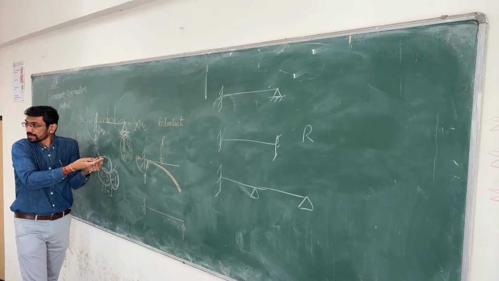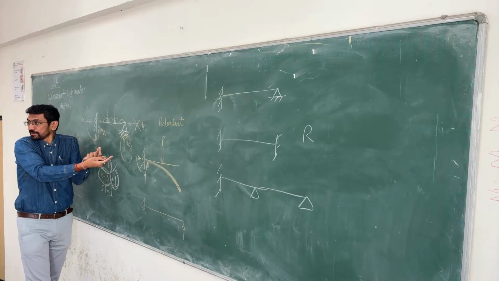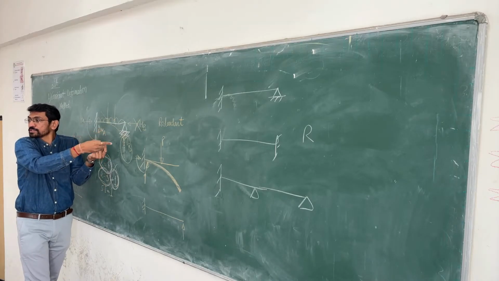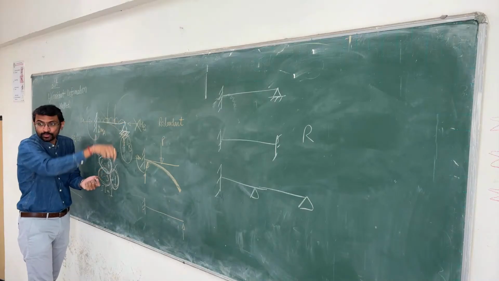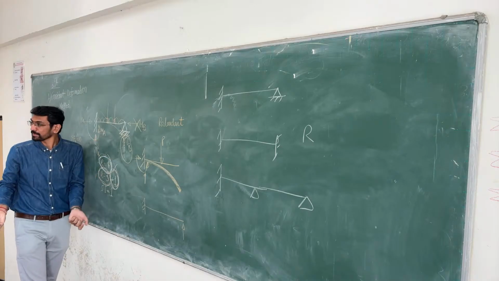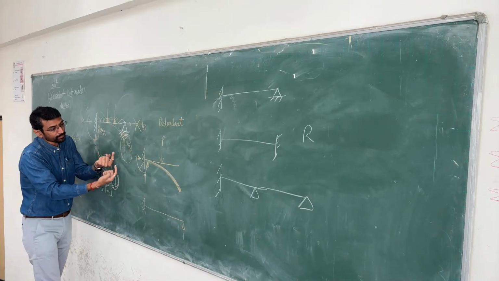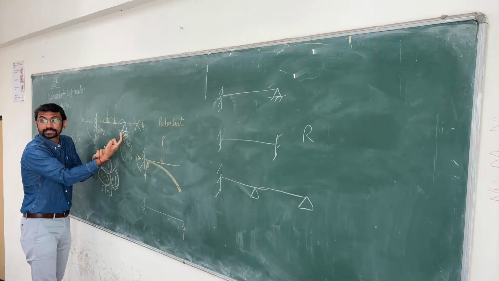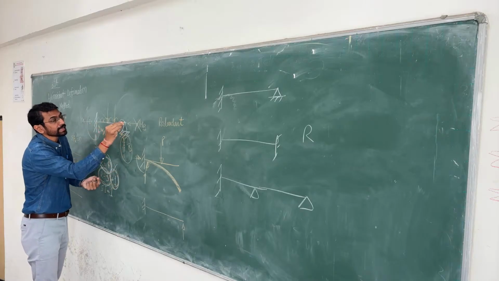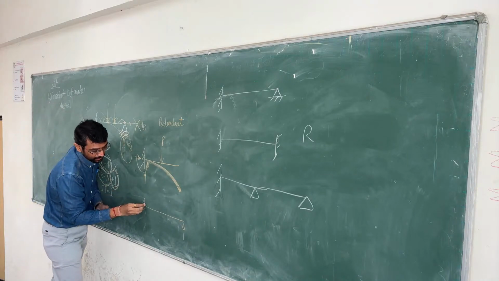VB is a reaction, but in the same direction you are doing what VB is doing in the actual structure. What is VB doing? Not allowing this point to go down. So if you removed it, the point will go down. Now you have to do the work of VB. So what will you do? You will apply load in this direction so that again this point comes here. So what will its deflected shape be?